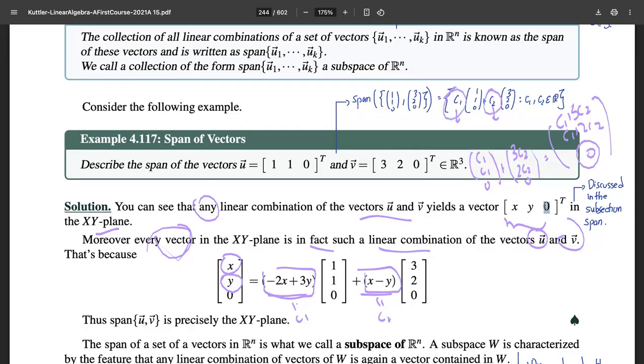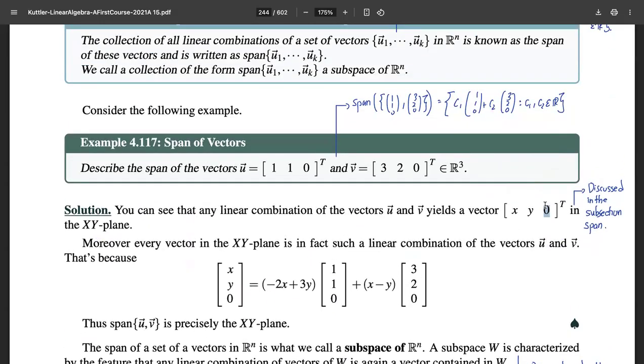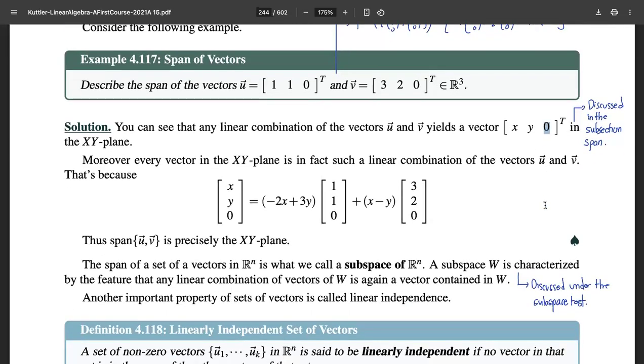So that means we can write this vector as a linear combination of these two. Okay, cool. The idea behind this is solving systems of linear equations, but I'm pretty sure we went through a very similar example under span. So if you're concerned about the details, you can take a look at that subsection.